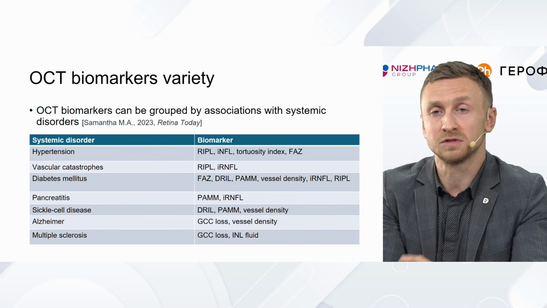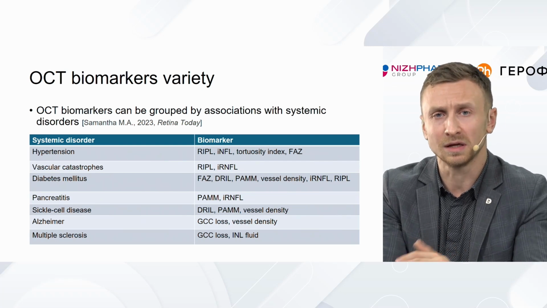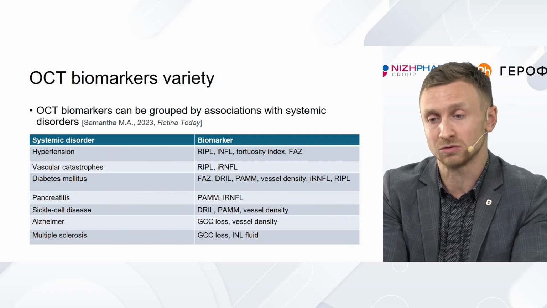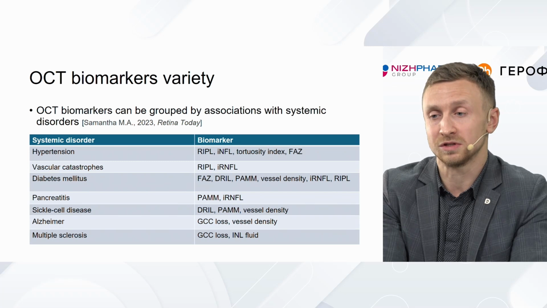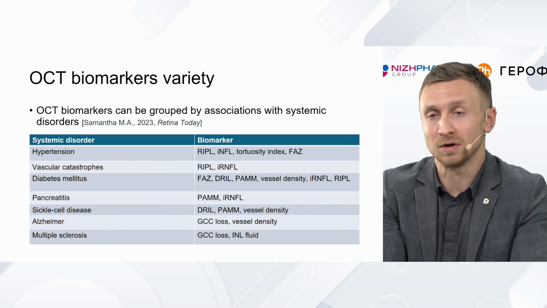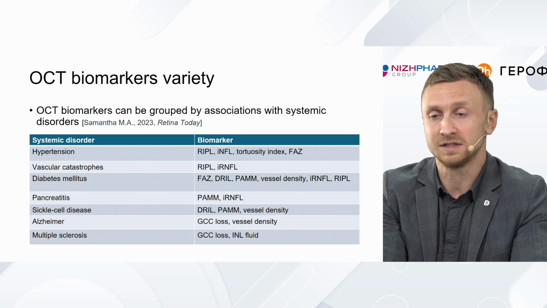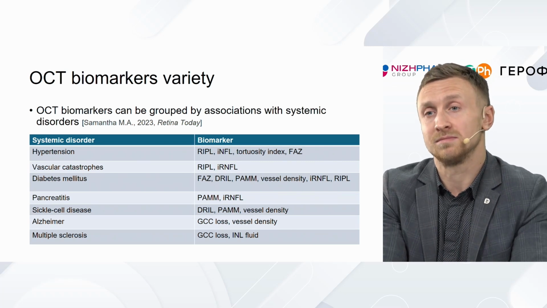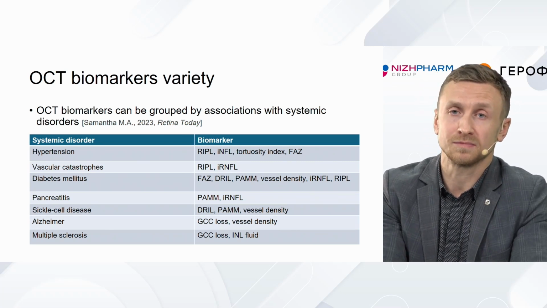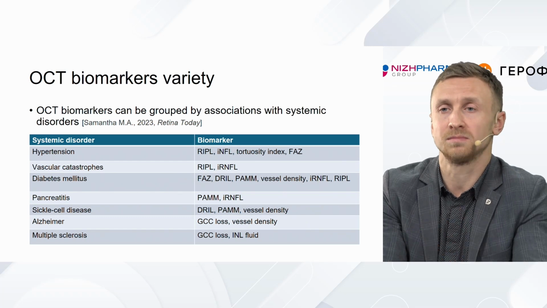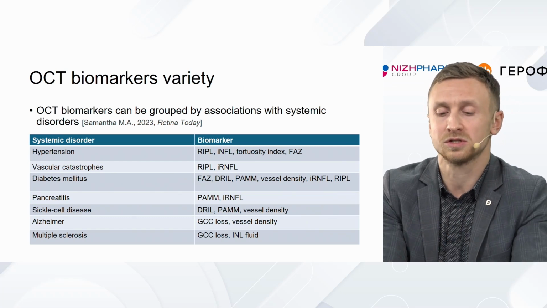Well, in parallel to that, there was another attempt to classify biomarkers based on systemic disorders. That's a group of Samantha in Retina Today. So this is something which is called oculomics. That's a recent term to cover different ophthalmic biomarkers that could prove systemic inflammation.